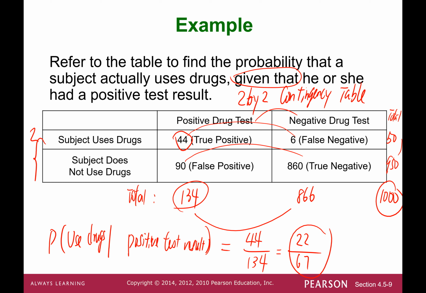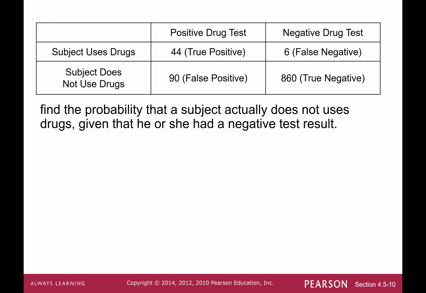So this is the exact fractional answer. So basically for conditional probability, you should always look into the given condition. This is a given condition. Look into that category and look at the detailed breakdown of that particular category.